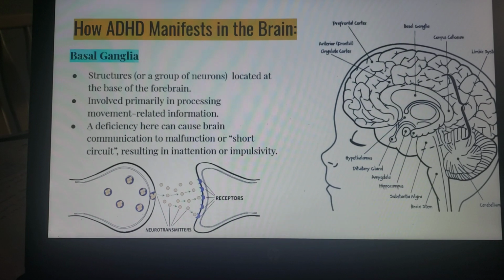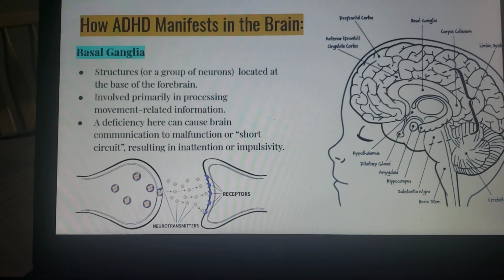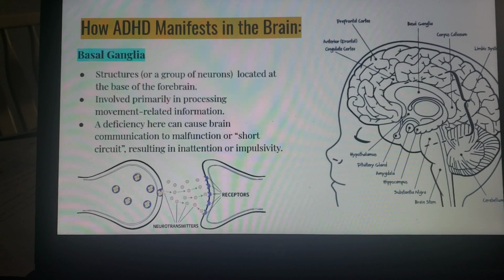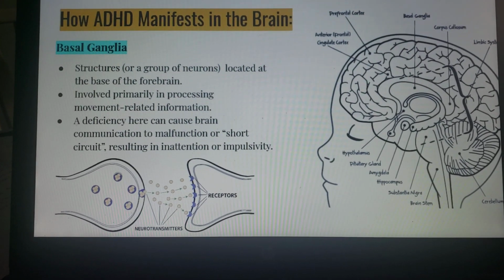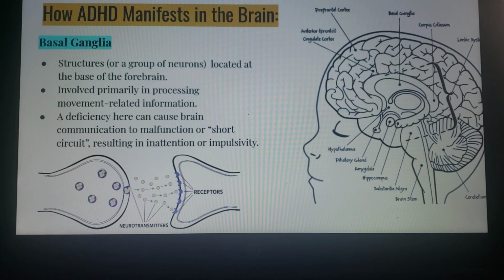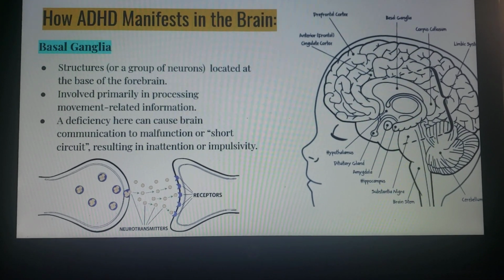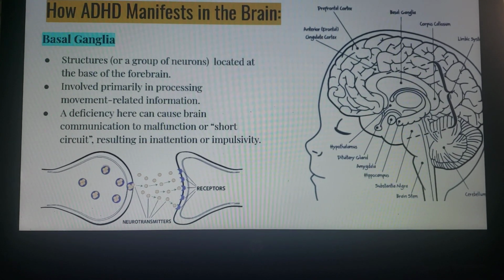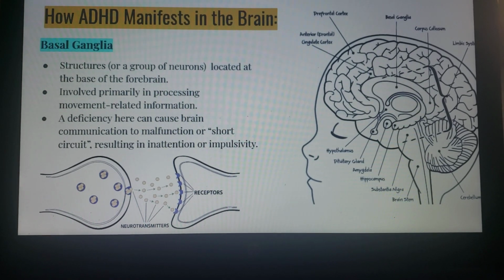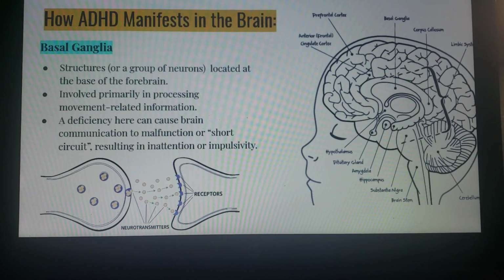Chemicals in the brain known as neurotransmitters are essentially chemical messengers that move messages from one brain cell to the next. And in the ADHD brain, the messages are not passed effectively between the neurons.